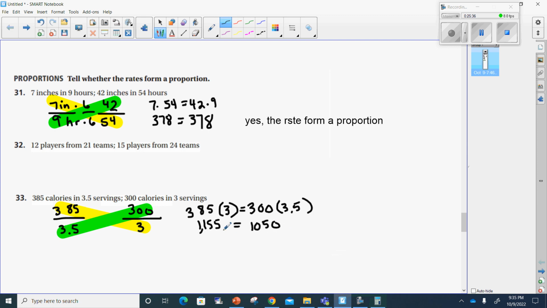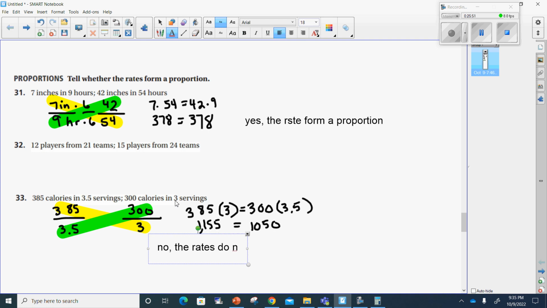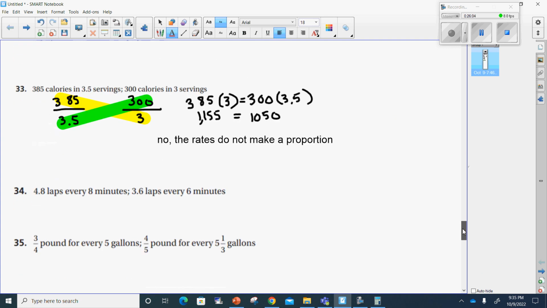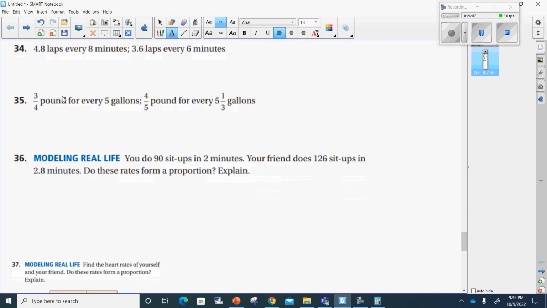These do not equal each other. So, no, this is not proportional. The rates do not make a proportion. And I see over here I misspelled rate, so let me correct that before people give me that misspelling as an answer. Next is number 35.